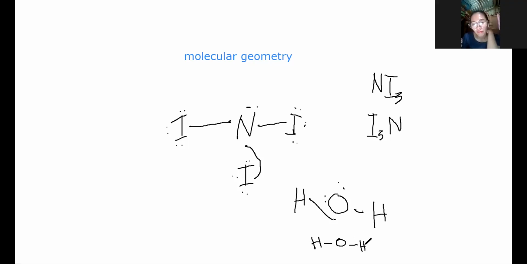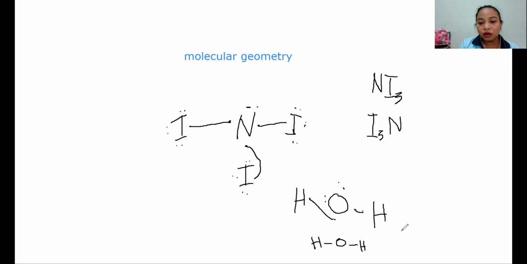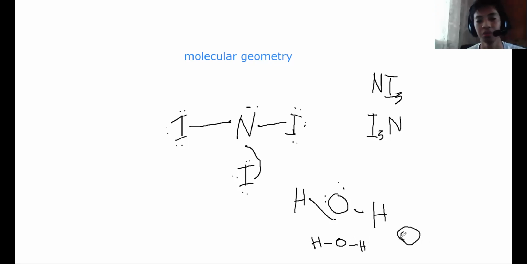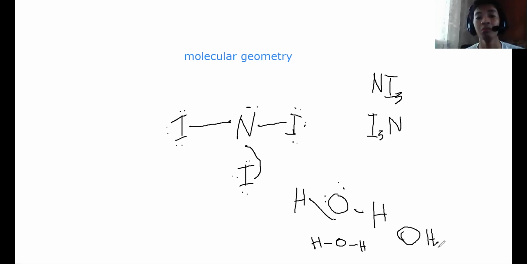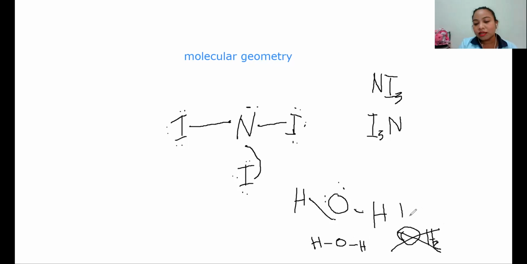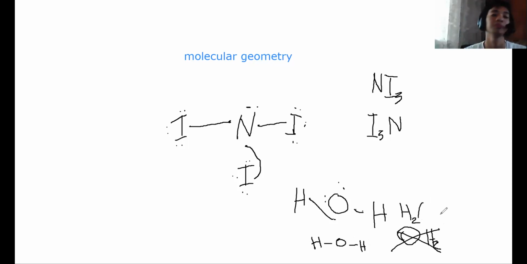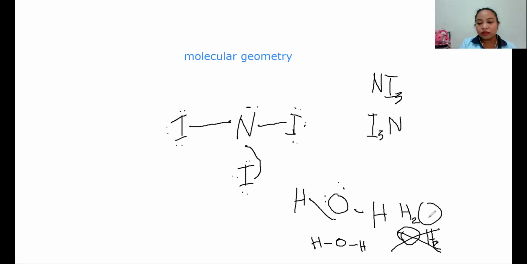So what is our central atom? Oxygen. So it is supposed to be OH2. But we do not write OH2, right? We don't write it that way. We write it as H2O instead. This is wrong. H2O. Makes sense. So either way, actually, it's correct. This is based on the molecular geometry.